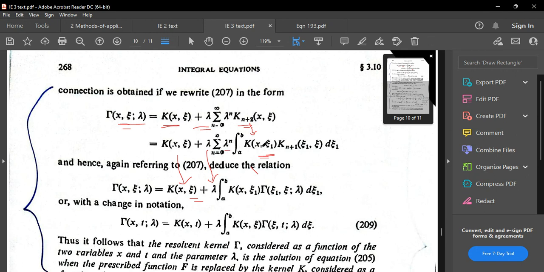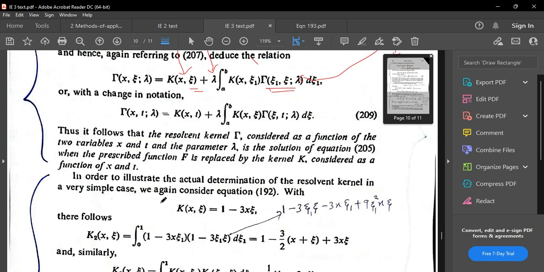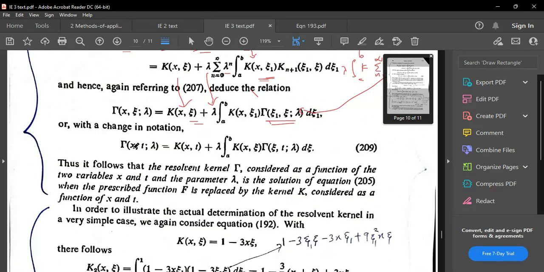This summation can be kept inside, so we get the integral from a to b of lambda, here capital K, into the summation from n equal to 0 to infinity of Kn plus 1 of psi1, psi. What is this one? This is gamma of psi1, psi, lambda. So this can be replaced by this one.